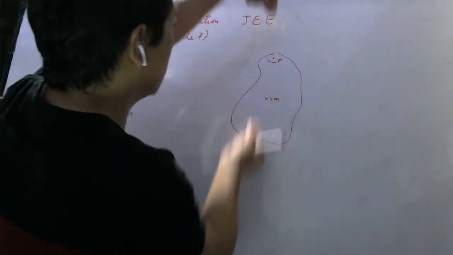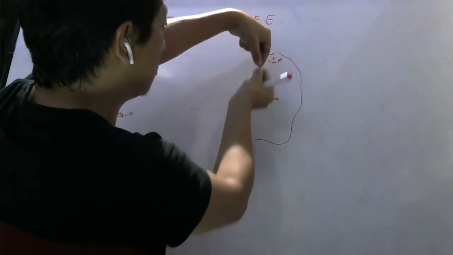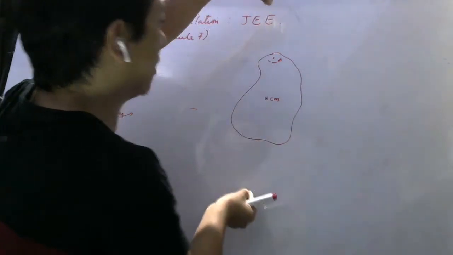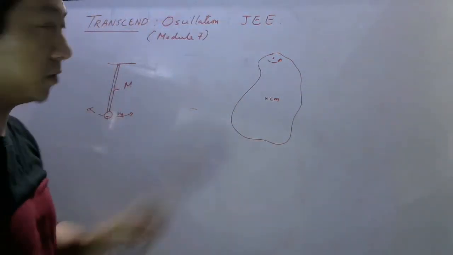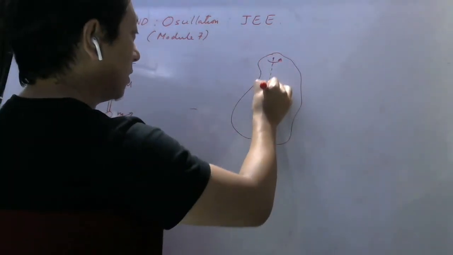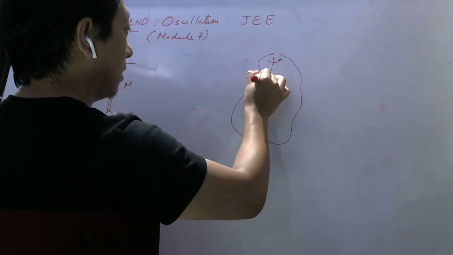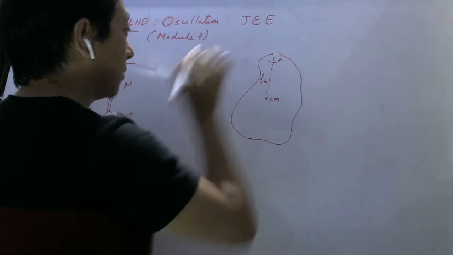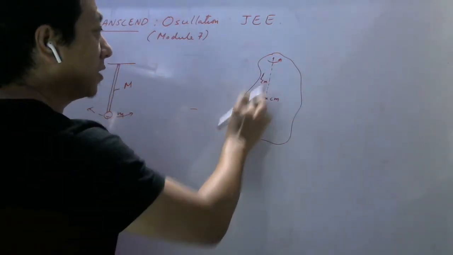Those two forces will balance, and since they are acting along the same line, there will be no torque. So the system will be in equilibrium. Now let's say this distance is LCM, the distance of the center of mass from the pivot.